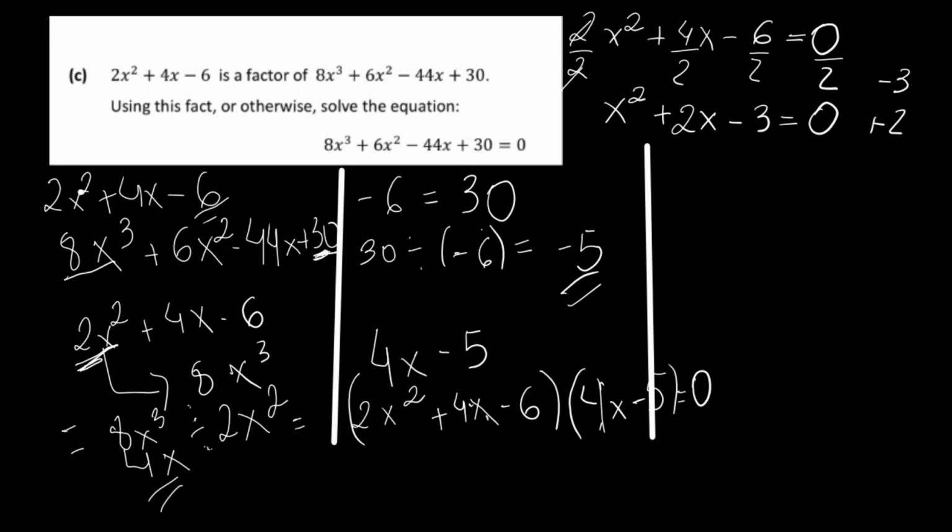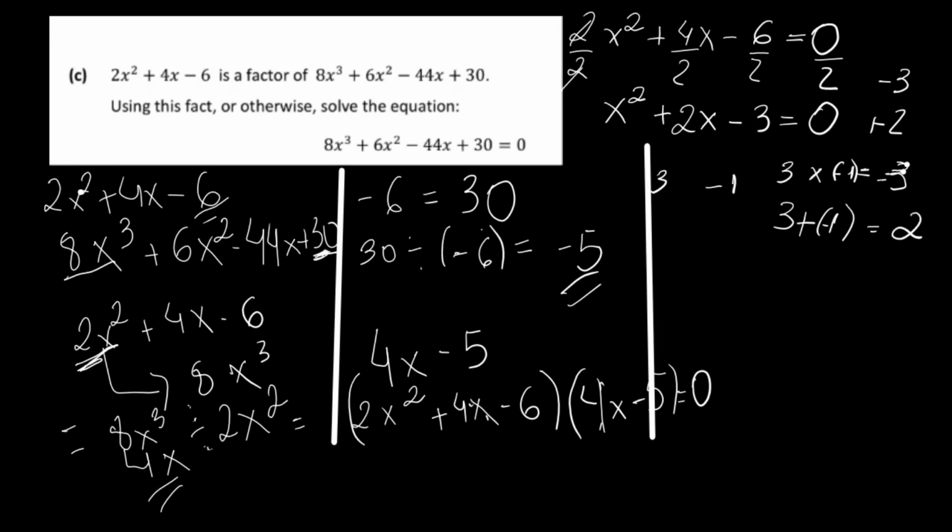If we think of 3 and minus 1, 3 multiplied by minus 1 gives minus 3, and 3 plus minus 1 gives 2.